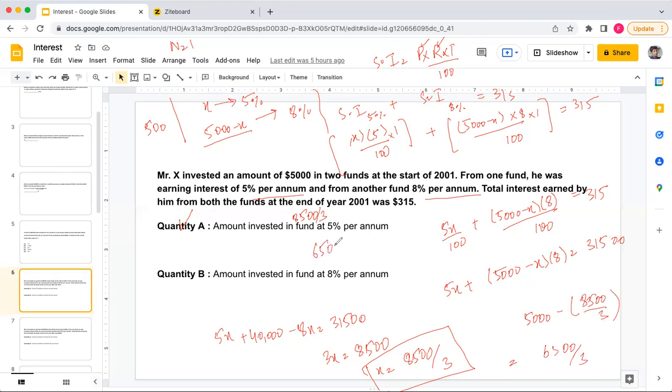So it is very much clear that the second quantity is greater. There is a very quick way to solve this. We will discuss that in the weighted averages concept when we discuss the shortcut way. Okay, so till now you got the point how we solve this question. Shall I move forward?